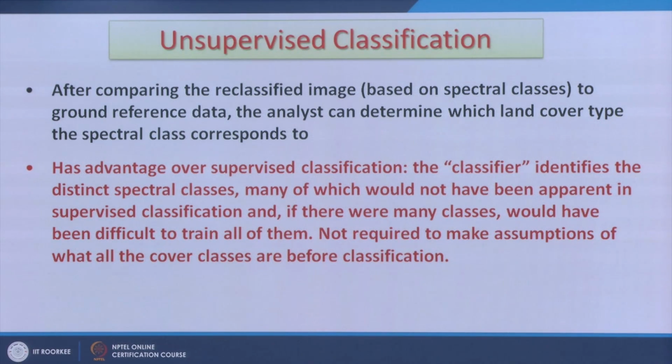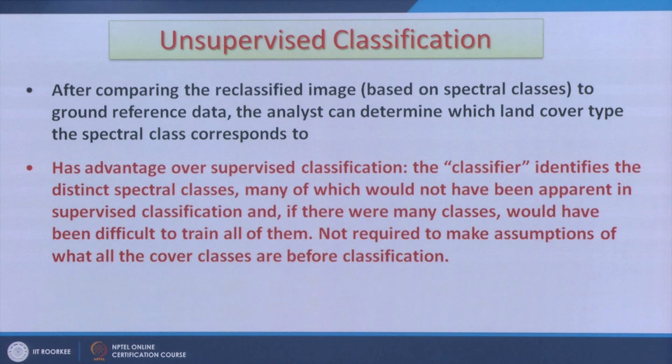So we are introducing a bias to the system. But in unsupervised classification, at the initial stage no bias is introduced, except that we give the number of classes so that the image can be classified. Both types of classification have their advantages and disadvantages.